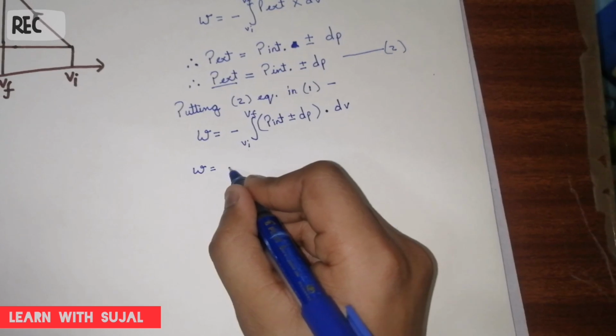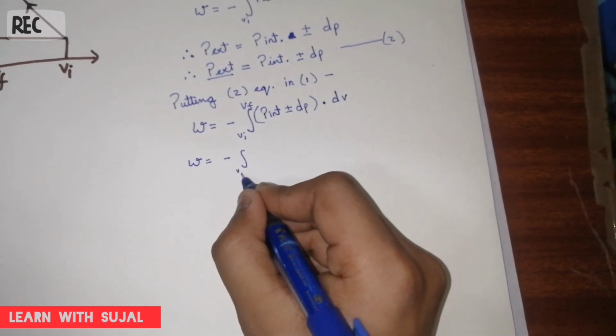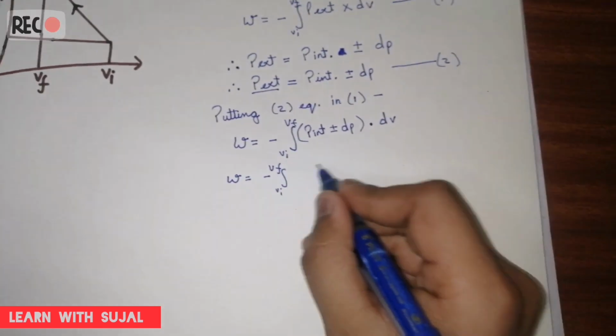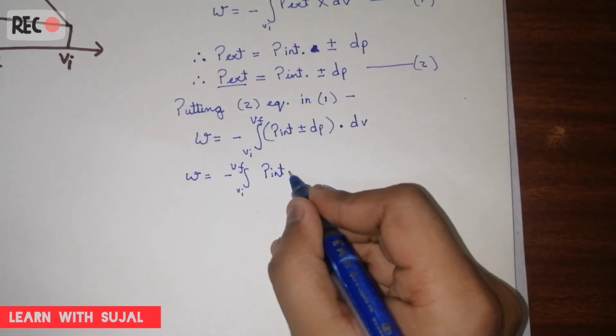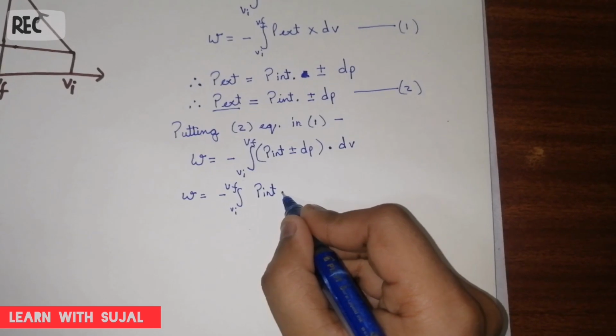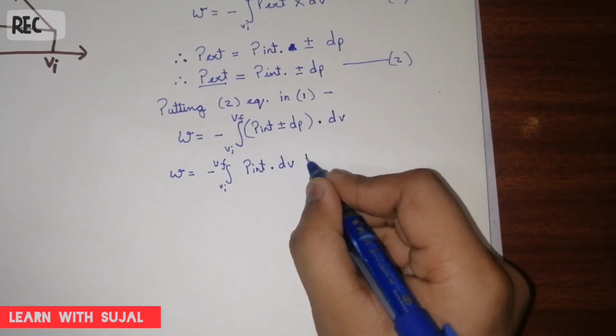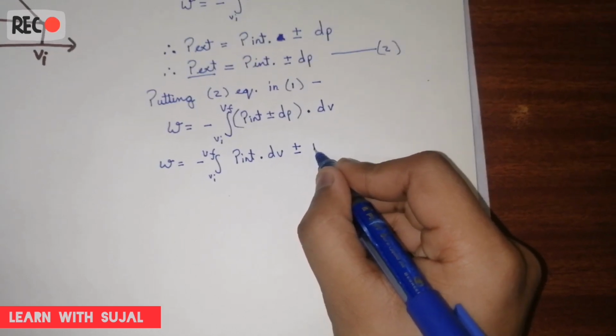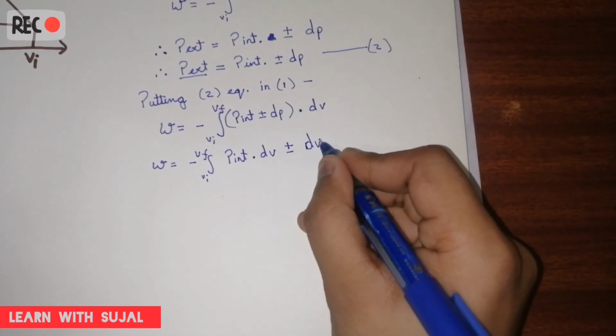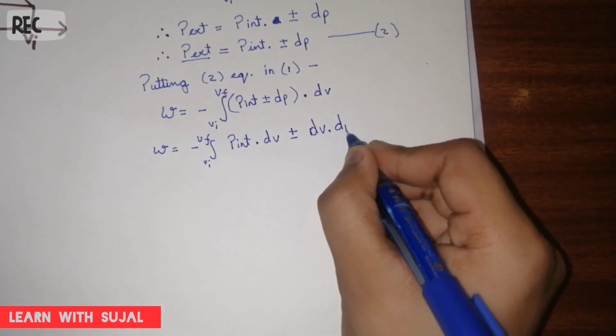So let's multiply that. So P internal into dV plus minus dV into dP.